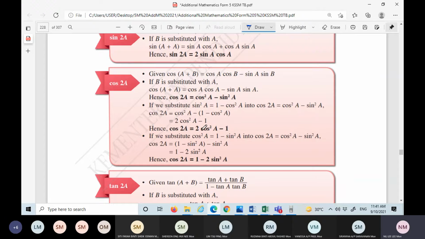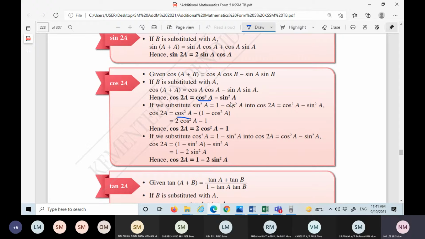So this is the first formula for cos 2A. Altogether, cos 2A has 3 formulas. So we continue. What's the meaning? You see here, cos 2A remains, and cos square A remains, but it replaces the sin square A with this. Where does this come from?